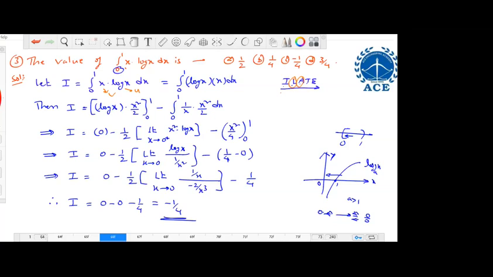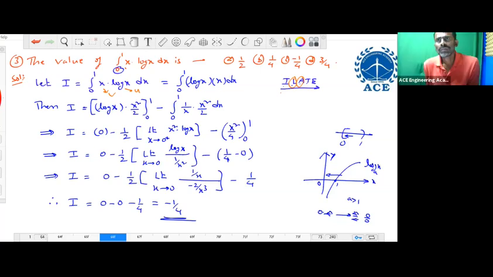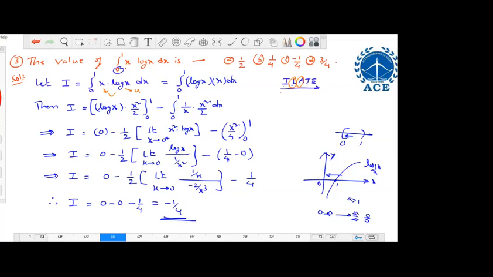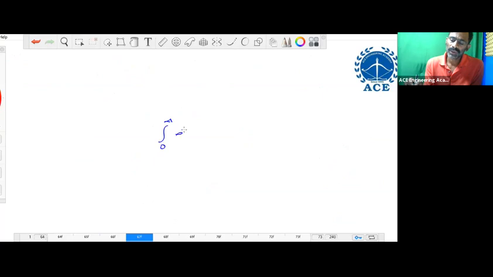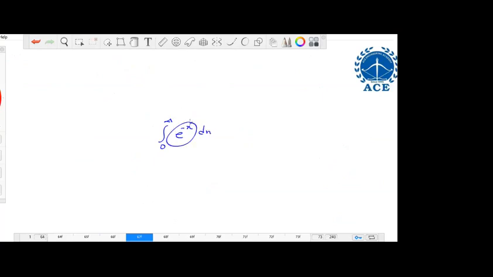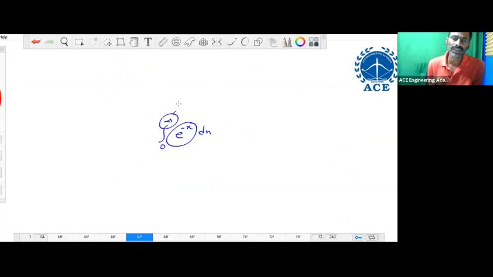Like in the integral from 0 to infinity of e to the power minus x, here the function is finite, but one of the limits is infinite.